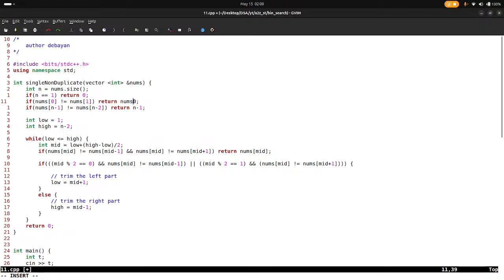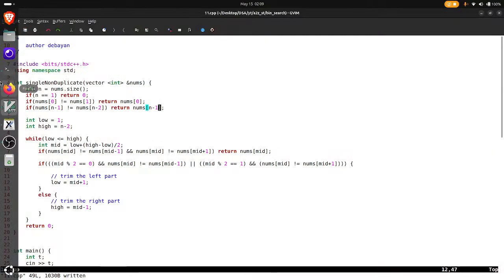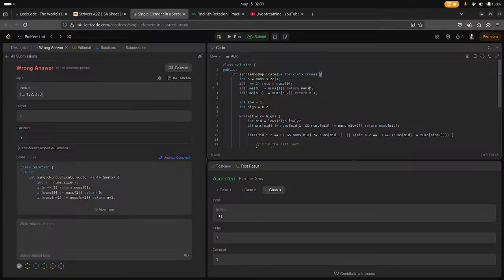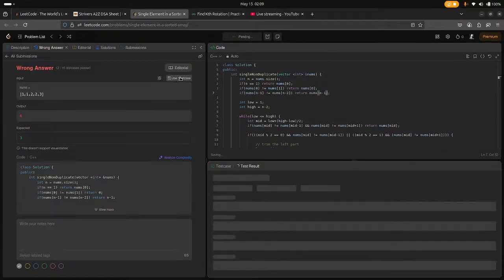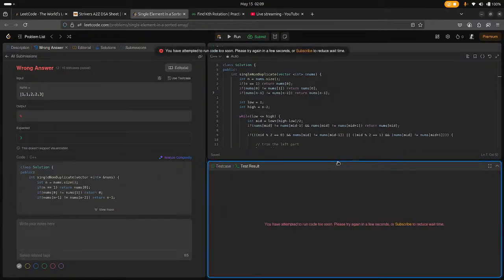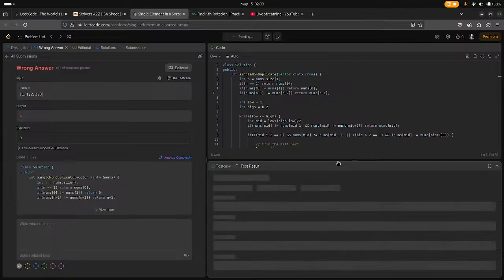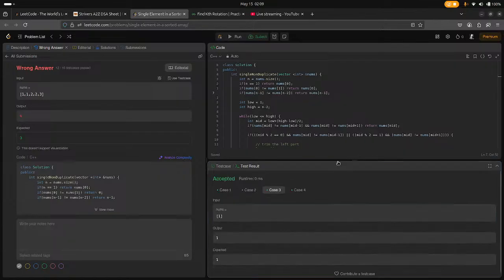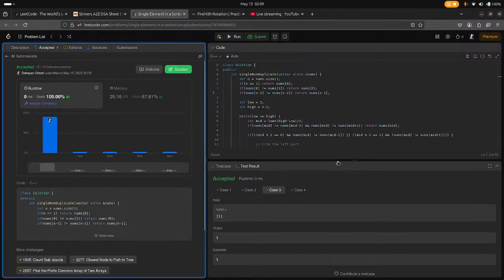Nums of 0, nums of n minus 1. Yeah, now it is accepted.